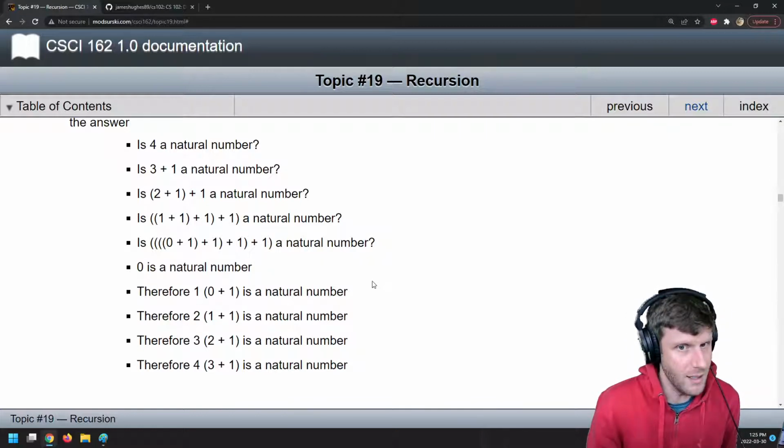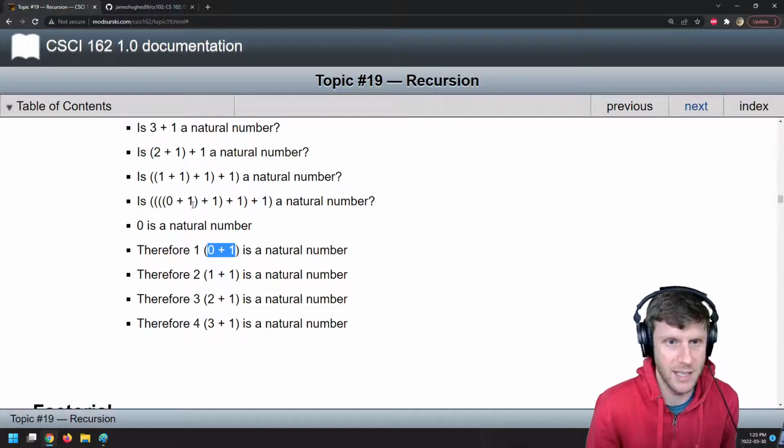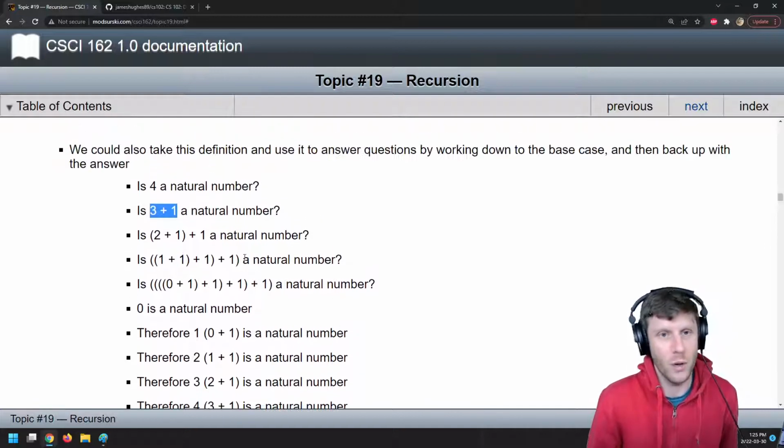Therefore, 1 is a natural number because 0 plus 1 is a natural number. That's this one right here. Therefore, 2 is a natural number because that's the 1 plus 1. Therefore, 3 is a natural number. That's the 2 plus 1. And then therefore, 4 is a natural number. That's 3 plus 1.